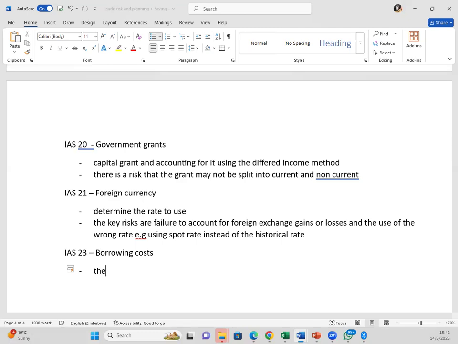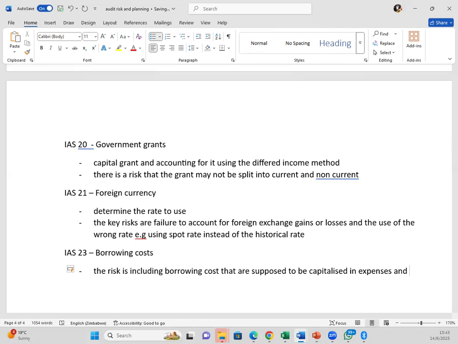So the risk is including borrowing costs that are supposed to be capitalized in expenses.